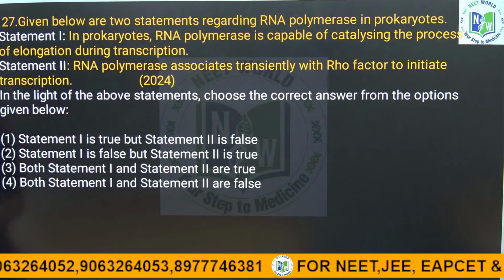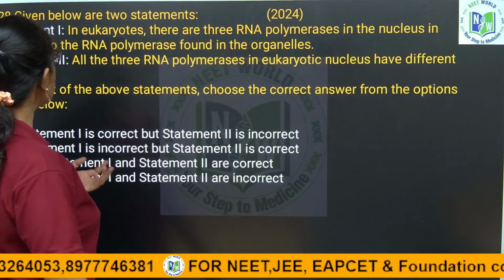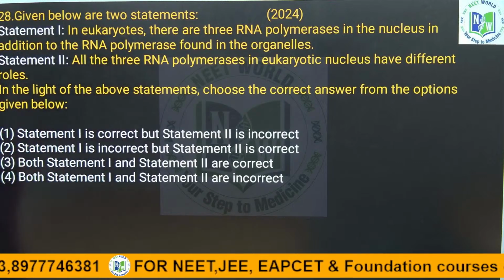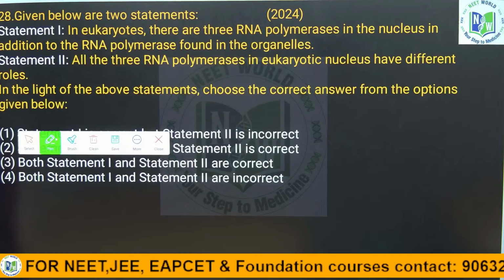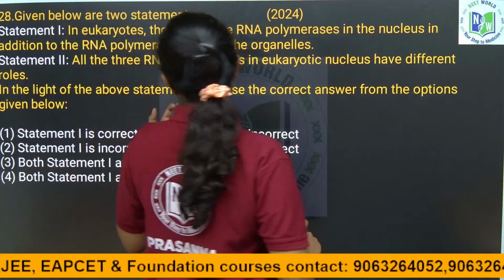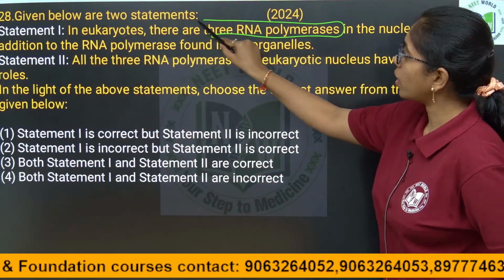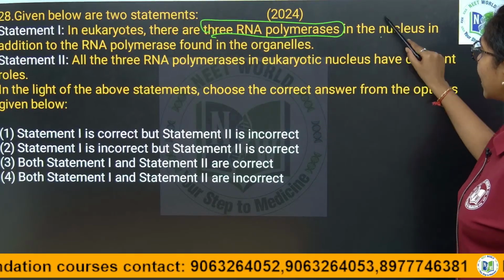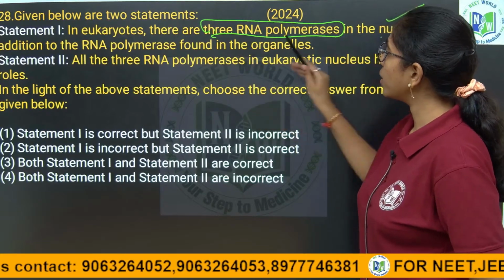Next question. Given below are two statements: in eukaryotes there are 3 RNA polymerases in the nucleus in addition to RNA polymerase found in the organelles.